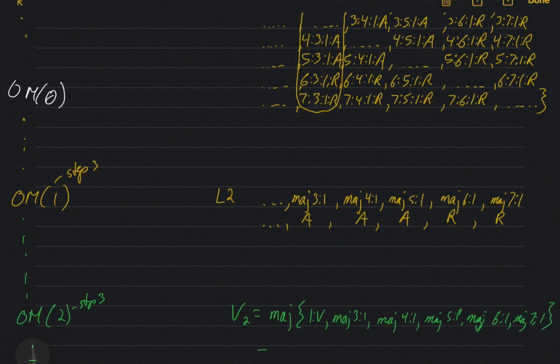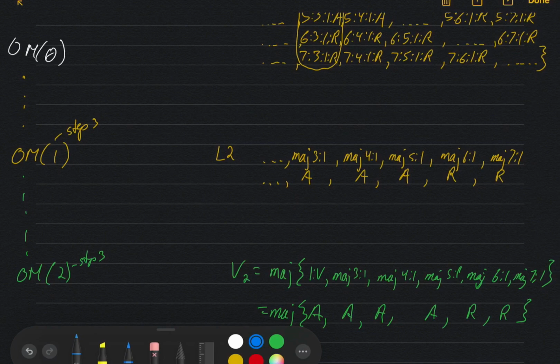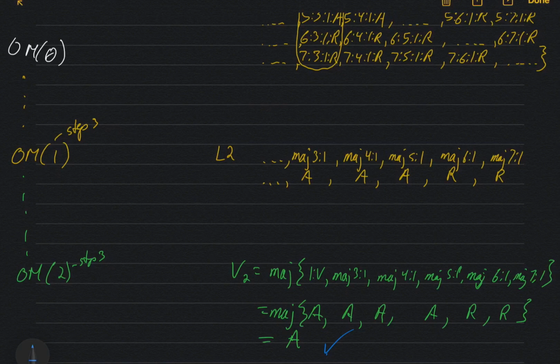And so that will give us the majority value of attack, attack, attack, attack, retreat, retreat, which will give the decision to attack. And so Lieutenant 2 is loyal and it will reach the right decision, as will Lieutenants 3, 4, and 5. So that's how this algorithm works.